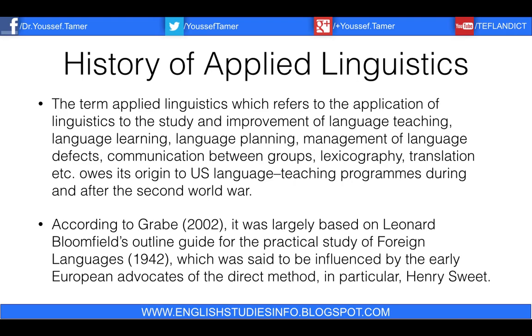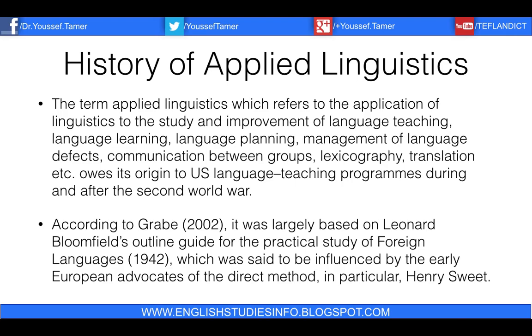So, according to Grabe 2002, these beginnings in the United States of applied linguistics, during and after the Second World War, were not the real beginning. The beginning was due to Bloomfield and some European notions. And that's normal, because everything really started in Europe, in essence, and then developed later on in the States or in the UK, etc.